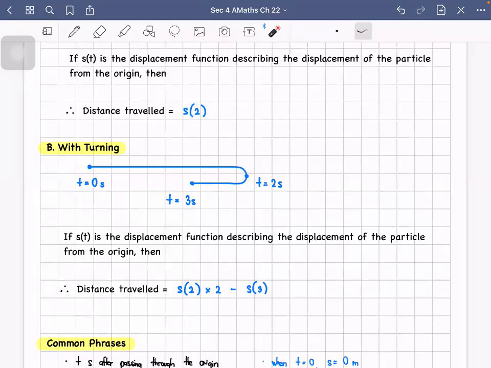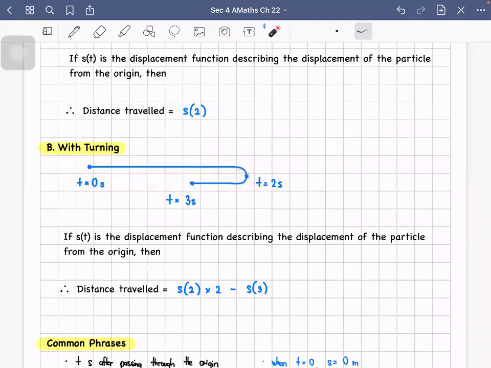So if it's like that, class, if the question has a turning, or the question involves the particle going back to the origin, because this is the origin, this is your formula. The distance traveled is S of 2 times 2, so twice of this, because you traveled from here to here, and when you go back, that's basically times 2.